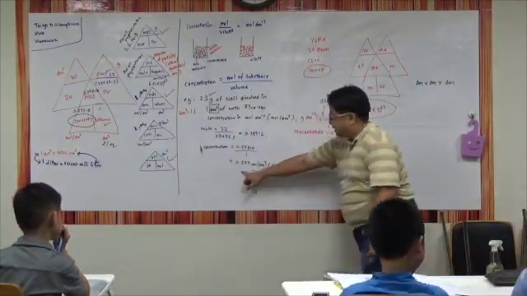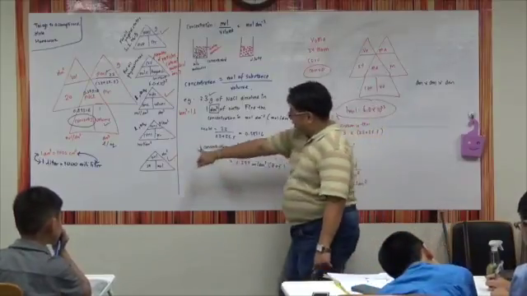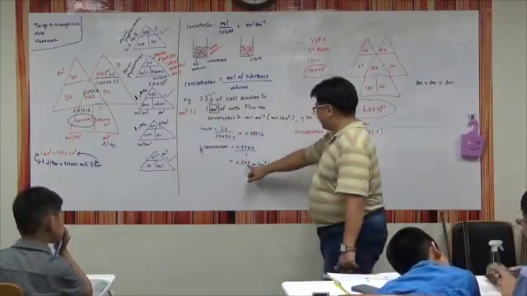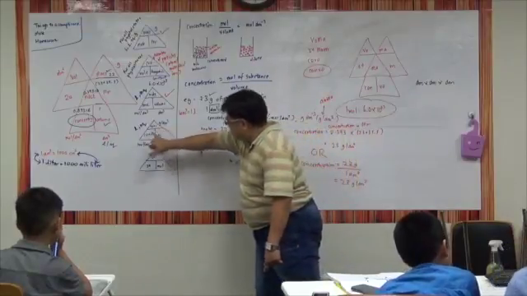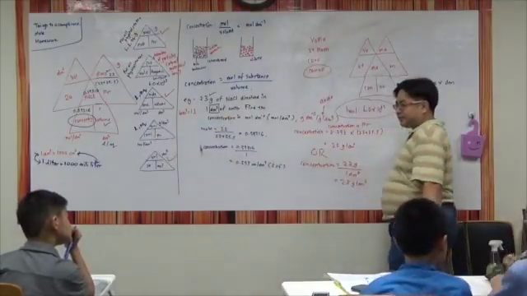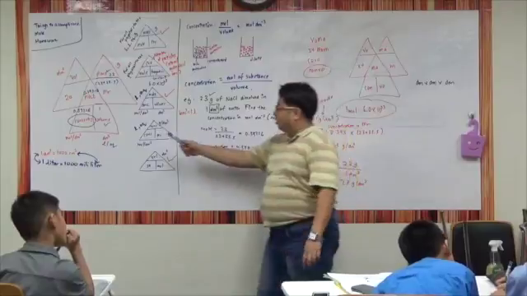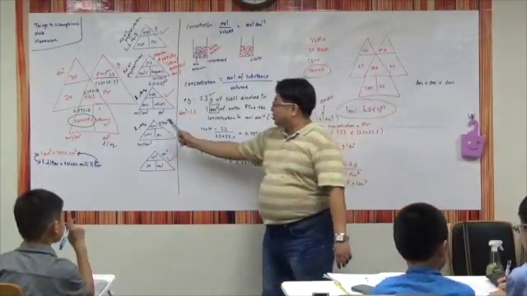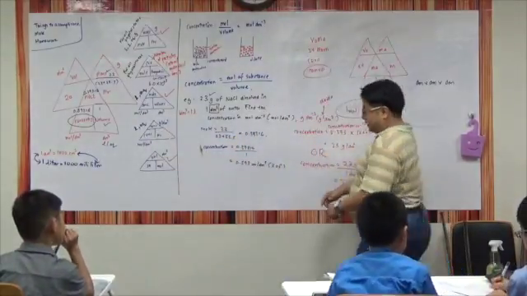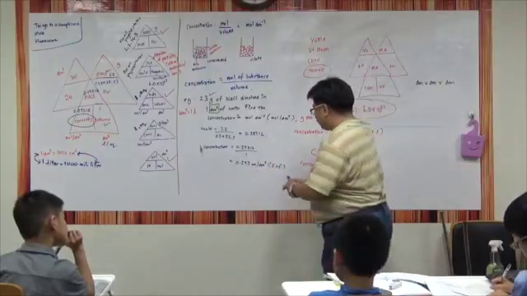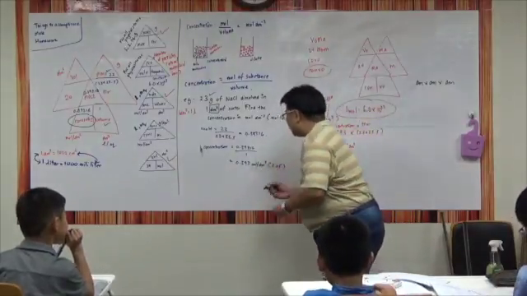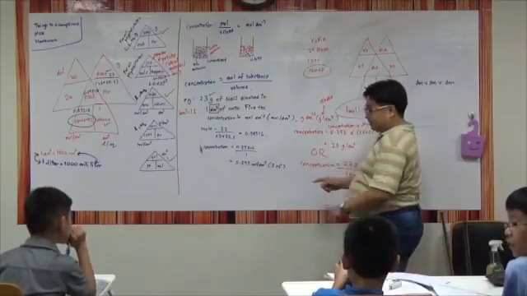Can you tell me whether this number fits into this concentration or this one? Is it the one at the bottom or the one on the top? At the bottom, okay.